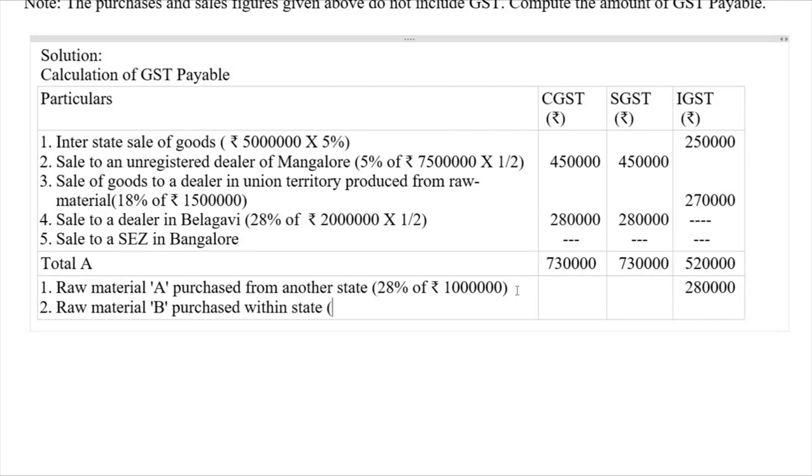So now 18% of rupees 20 lakhs, it comes to rupees 3 lakh 60,000. So multiplied by 1 by 2, because the rate of CGST and SGST will remain same here, which comes to rupees 1 lakh 80,000.